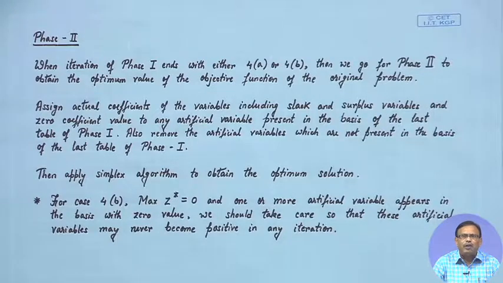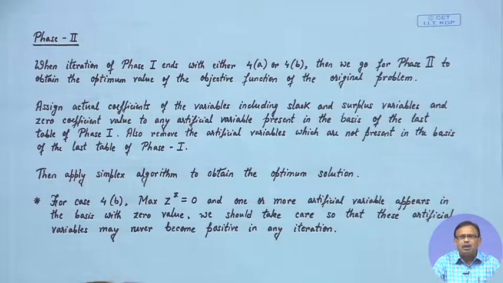But now, whenever we are going to phase 2, we are assigning actual coefficient values for all the decision variables, slack variables and surplus variables. And please note it, if any artificial variable is present, then we are assigning 0 value as a coefficient for that artificial variable.